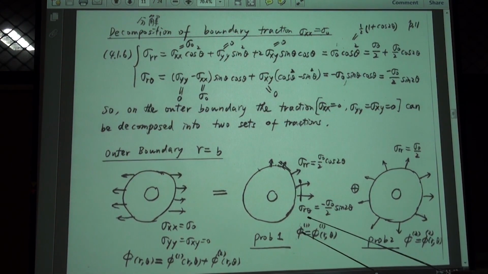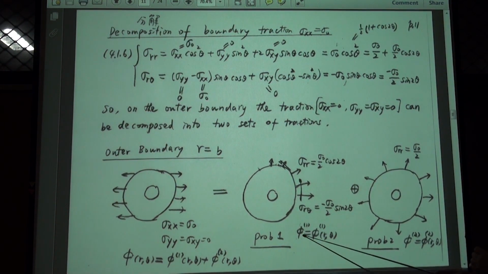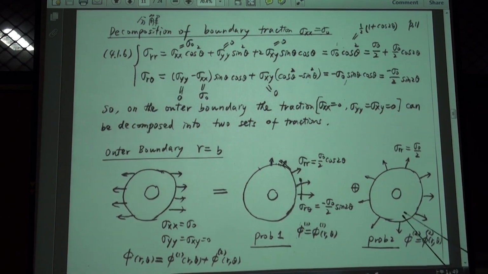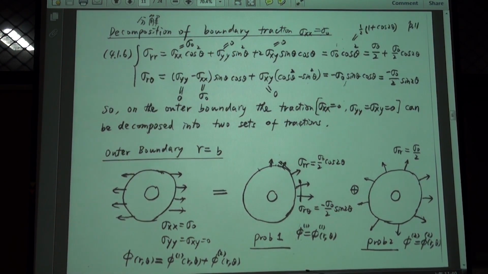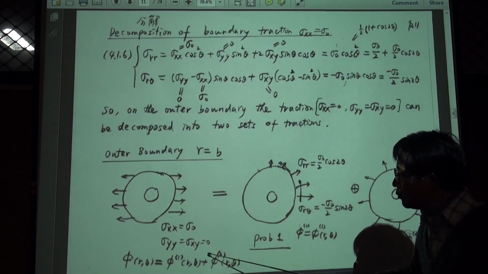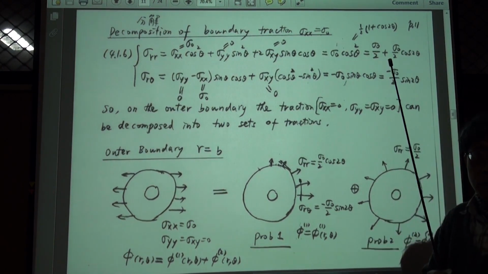We say that the stress function of this problem is phi 1, and the stress function of this problem is phi 2, and these two stress functions combined together will give you the stress function of this original problem.